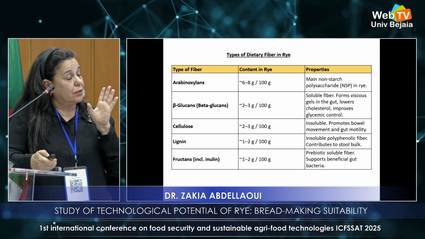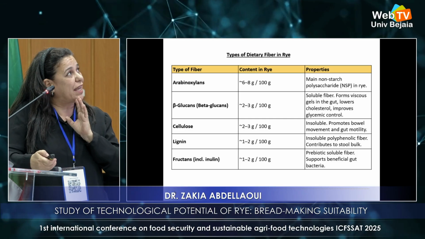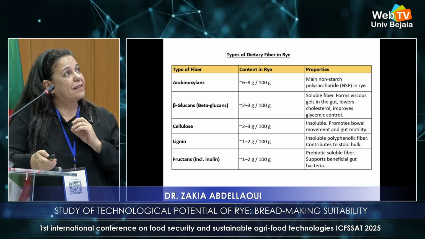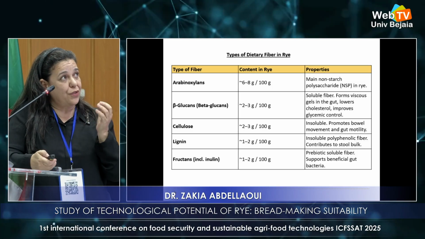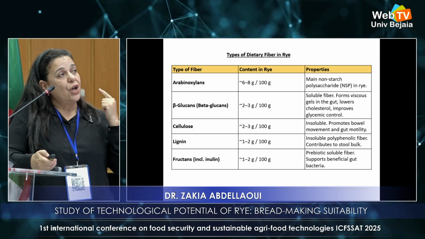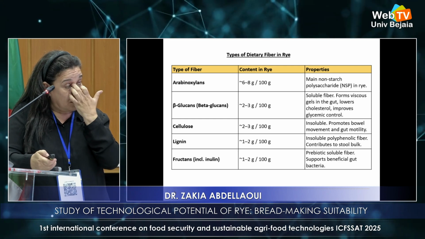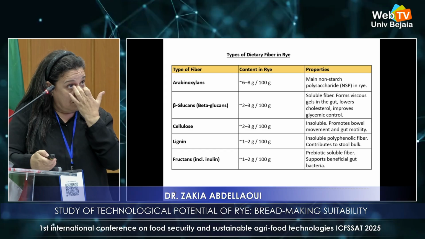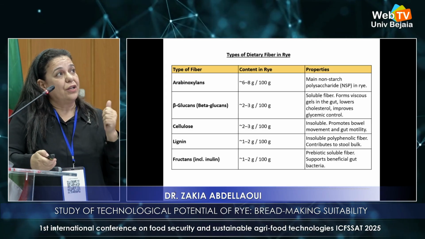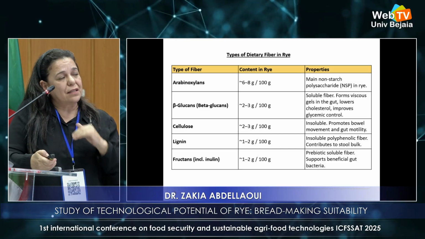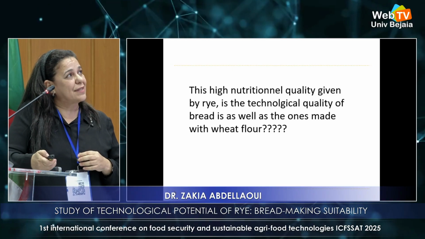Among the soluble ones, we can find arabinoxylan, beta-glucan, and fructan, which give viscosity and water retention capacity, and give health benefits like improved digestion and decreased glycemic response.